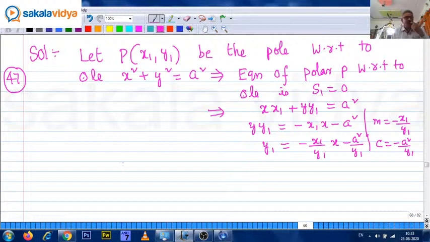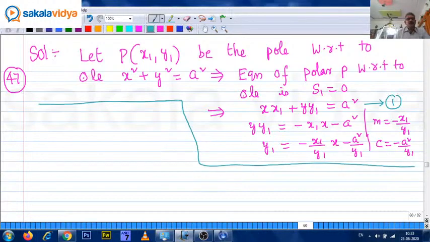Next, let us come to the parabola. Parabola means condition for tangency, right? So equation 1 is the tangent to y square is equal to 4ax.